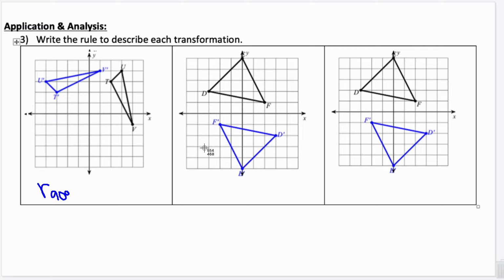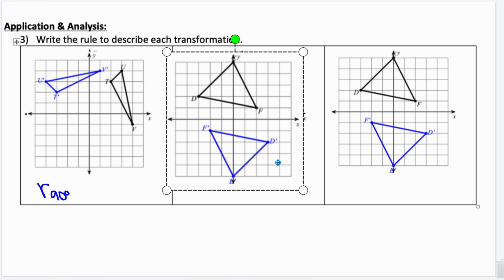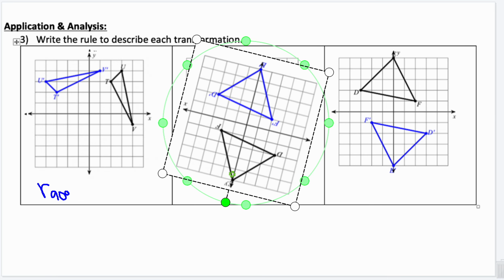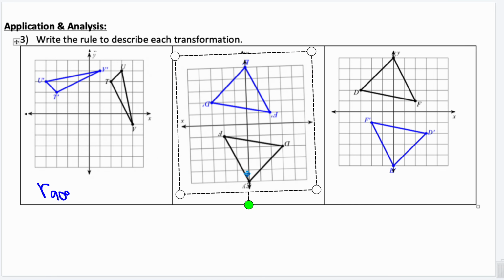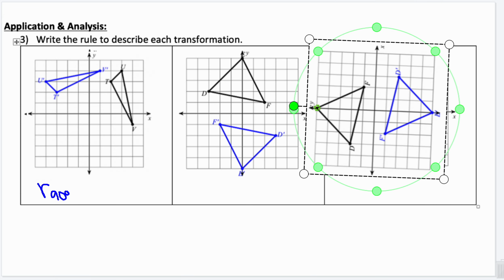If I look at this next one, okay, I want the black triangle to become the blue triangle. So remember, we always go from without the primes to the primes. So if I rotate this, is the black triangle in the position of the blue triangle? Yeah, well, how far did we turn it? 90, 180.